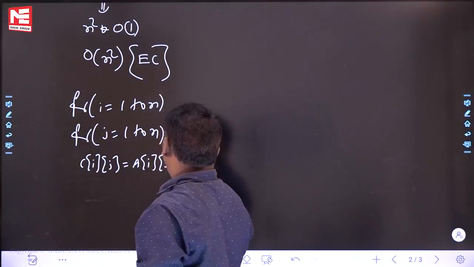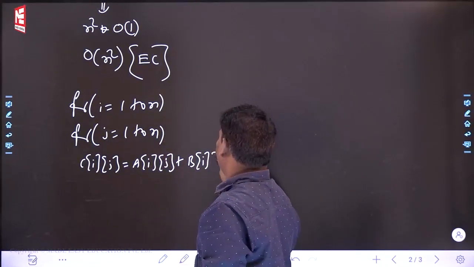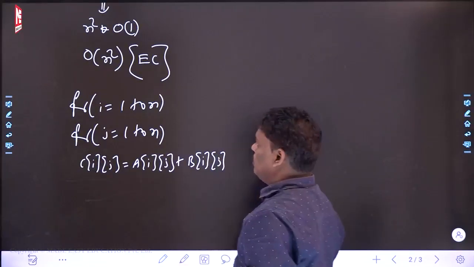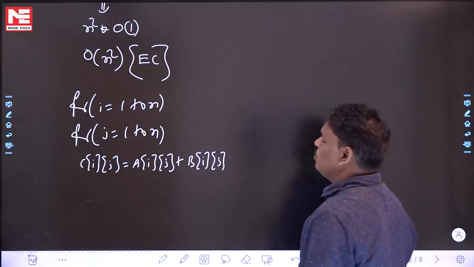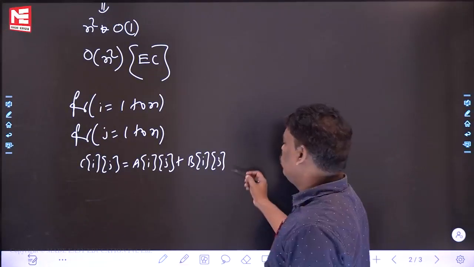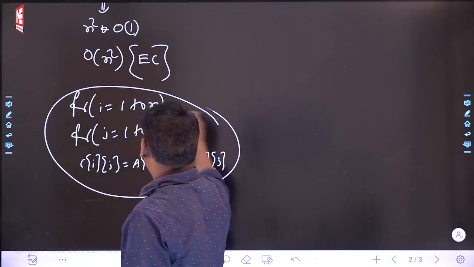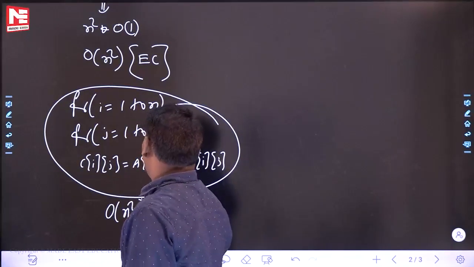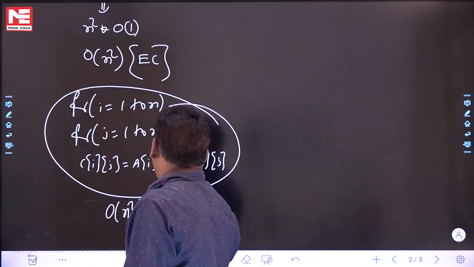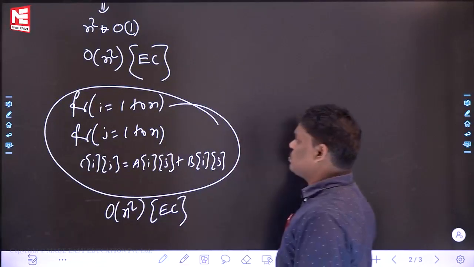No logic. Simply adding corresponding elements. Two loops will take time complexity n square. In every case, see this one, there is no chance of stopping in between. So in every case, adding two matrices of size n by n will take n square.